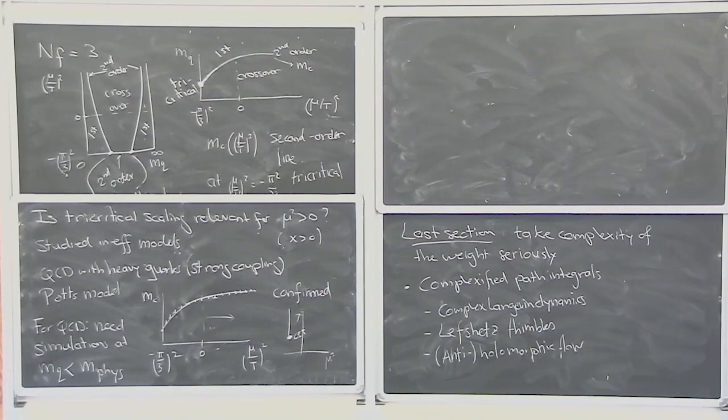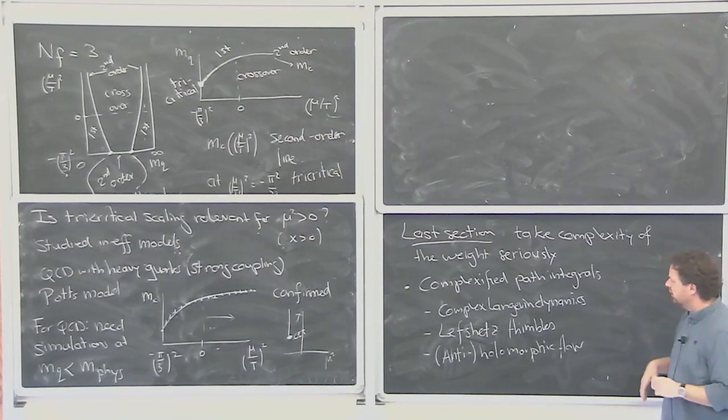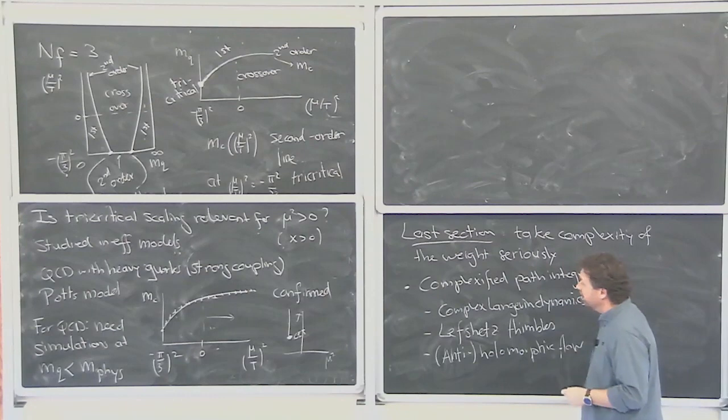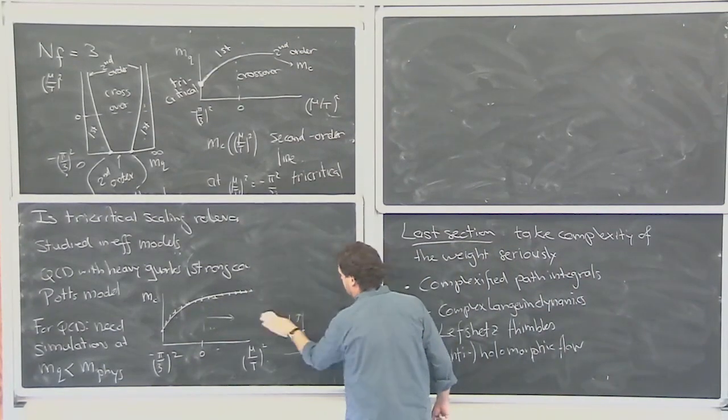These are approaches which are related one way or the other, because we're going to consider the path integral not as a highly oscillatory function on the real axis, so to speak, but we're going to go into the complex plane, which is very natural when you think about integrals with complex weights.